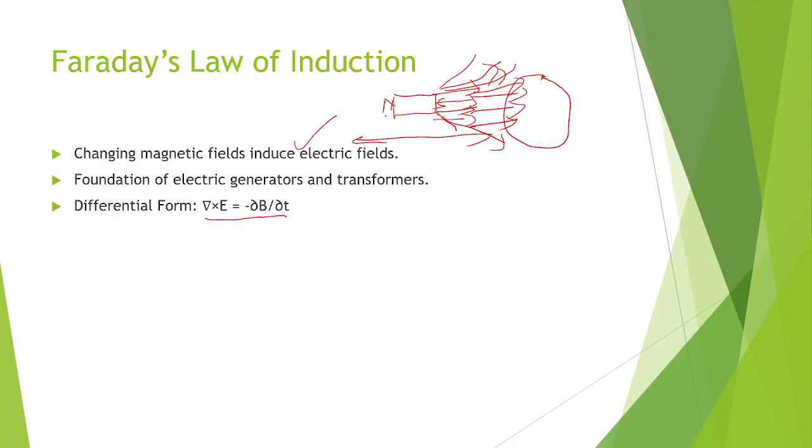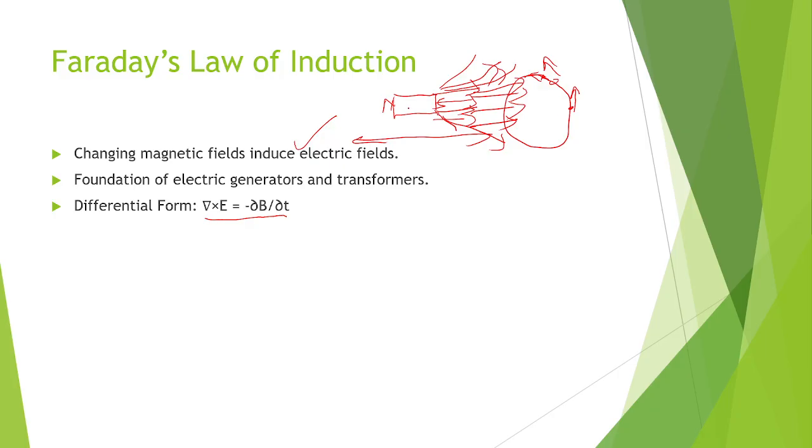It increases if you move toward the coil, and decreases if you go away from the coil. So the magnetic lines passing through this coil change in time, and that will produce current in this coil. That will push electrons in a certain direction.